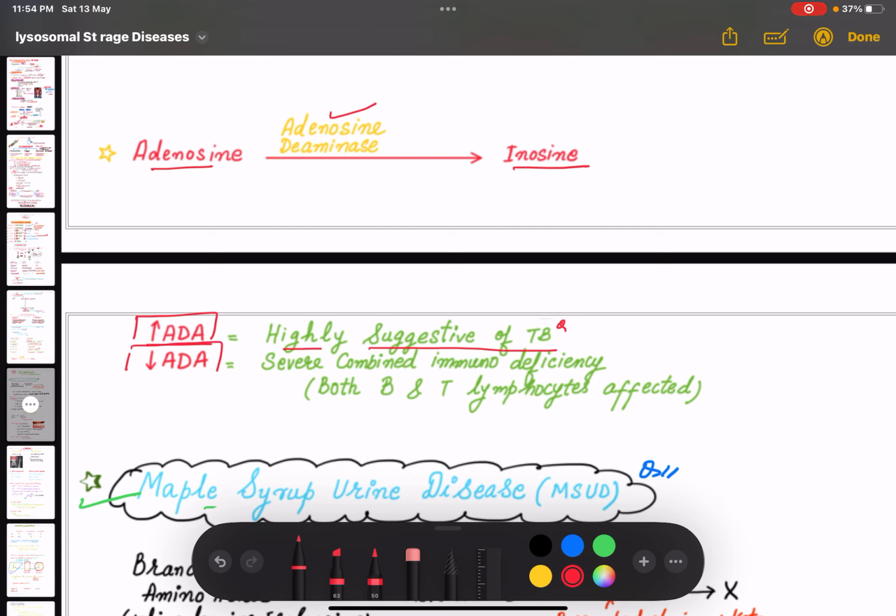If the ADA level is decreased, it is suggestive of severe combined immunodeficiency, where you will see decreased ADA. In SCID, you will get both B and T lymphocytes affected.